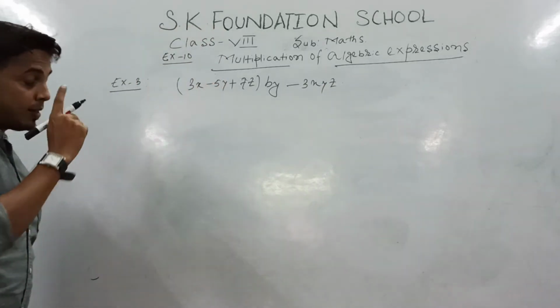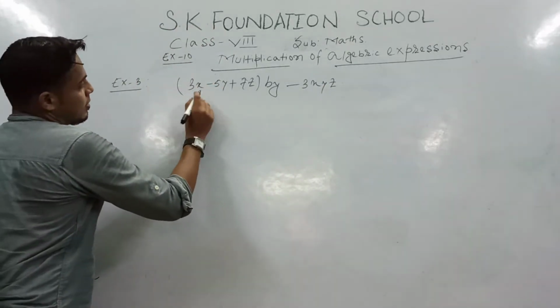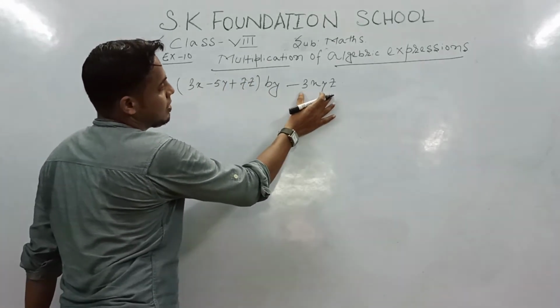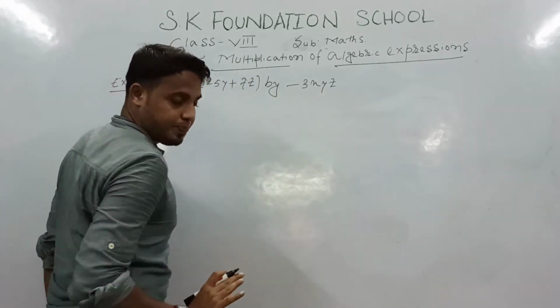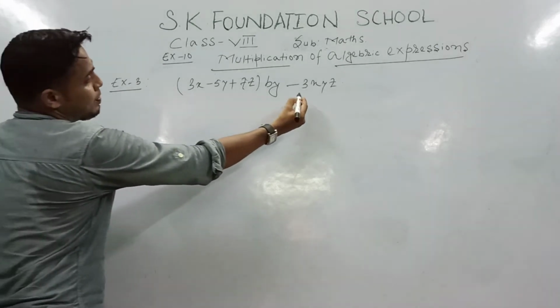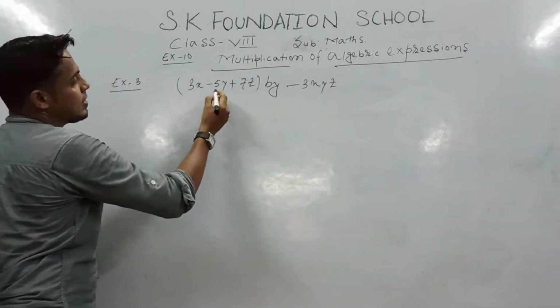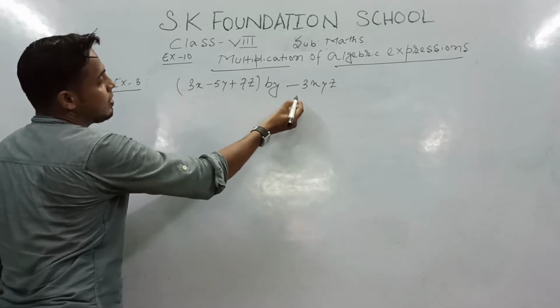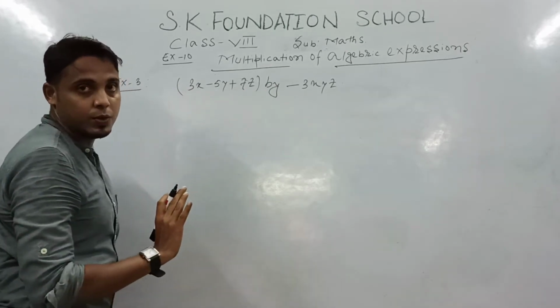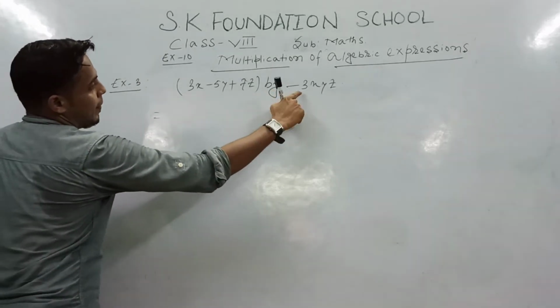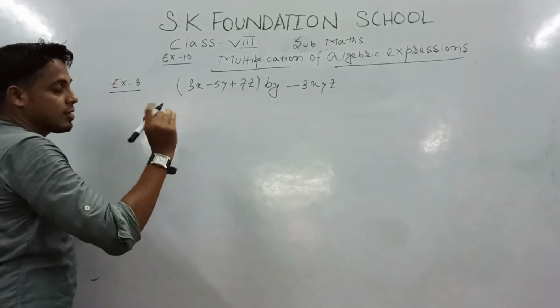Okay, look here. The first term 3x, minus 5y, 7z, and another term minus 3xyz. Here this minus 3xyz, first you multiply with this 3x, then once again with this minus 5y and this 7z also. Okay, so in the first step we are going to multiply this minus 3xyz with 3x.